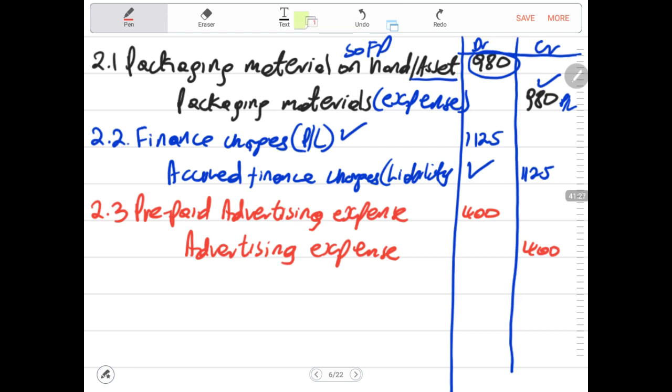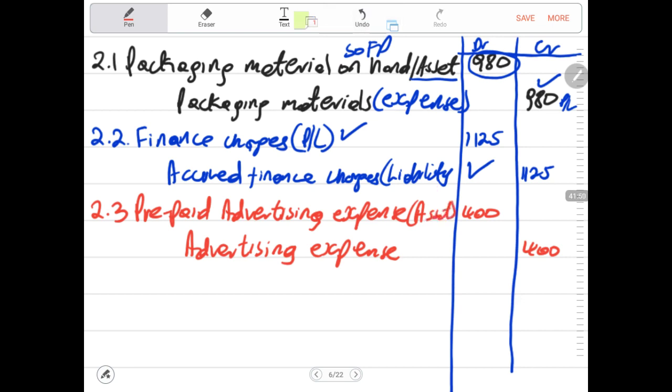Now I highlighted that the debit side is an asset, and it will be under trade and other receivables, meaning under our receivables, money that we can receive at any time.